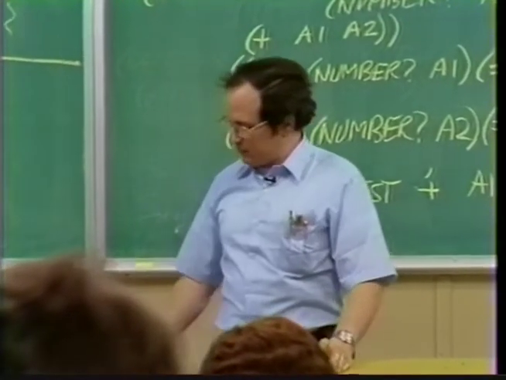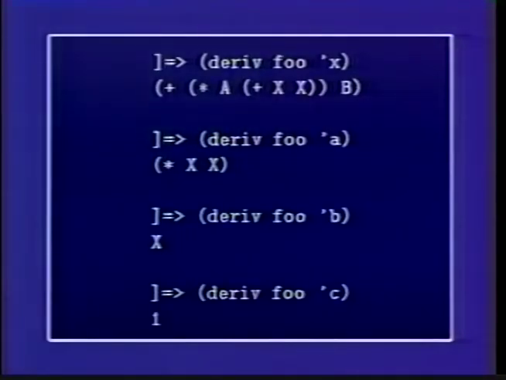Well, here's the derivatives after having just changed the constructors for expressions. The same foo, ax squared plus bx plus c. And what I get is nothing more than the derivative of that is 2ax plus b. Well, it's not completely simplified. I would like to collect common terms and sums.